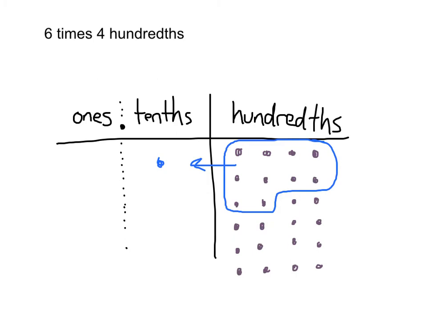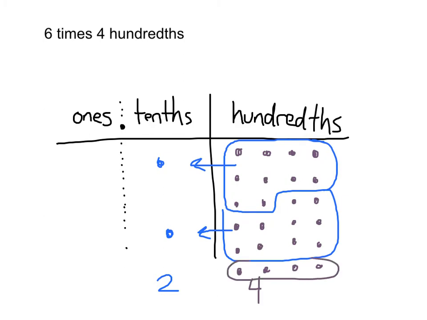And then if I do another bundle, there's another 10 hundredths, which becomes another tenth. And now we can see in our answer here that we have 2 in the tenths place, and we have 4 more still in the hundredths place, and my decimal point stays there, and I get an answer of 24 hundredths.